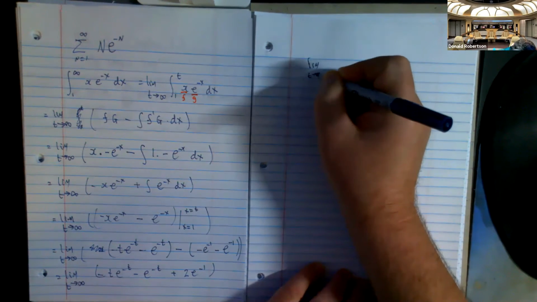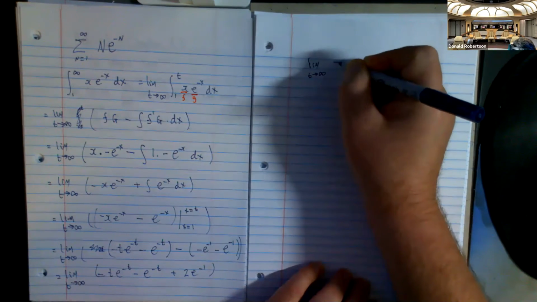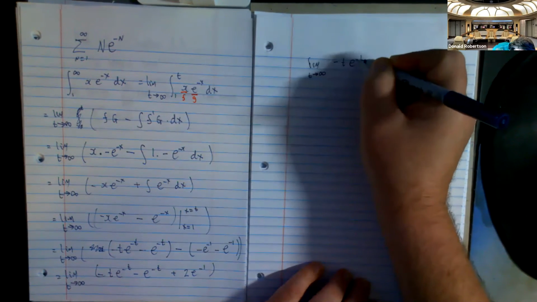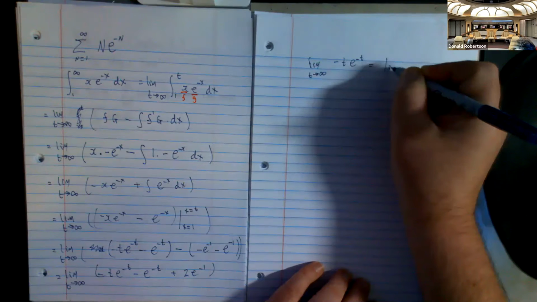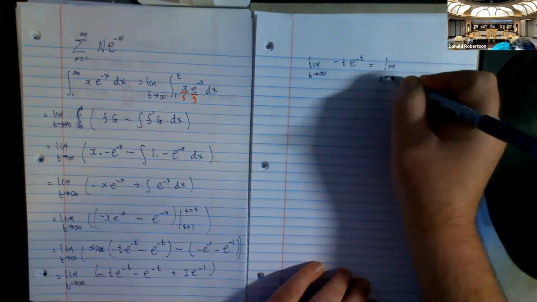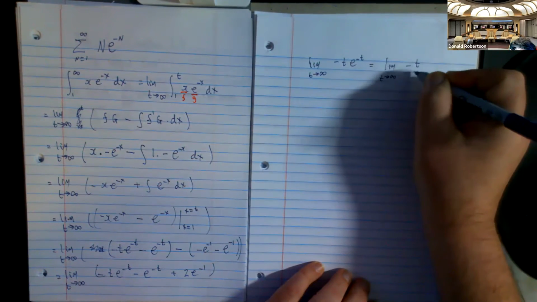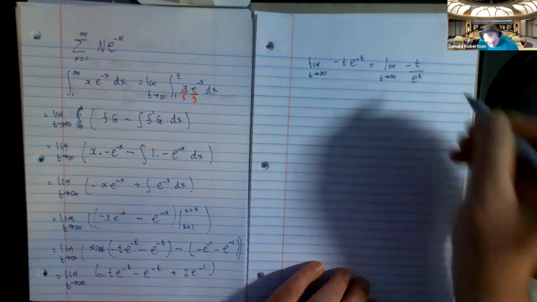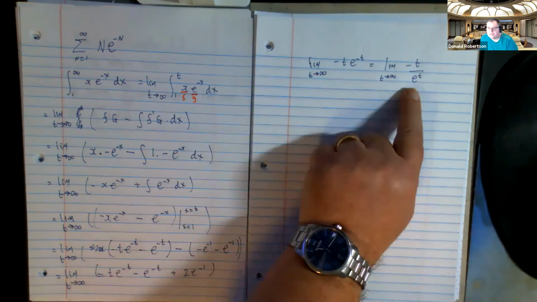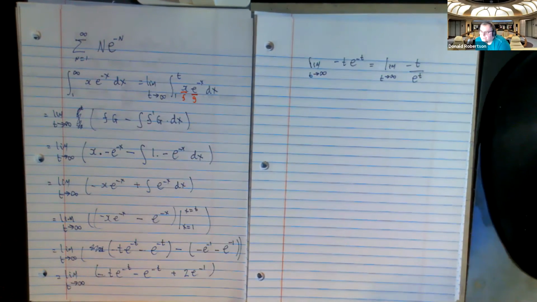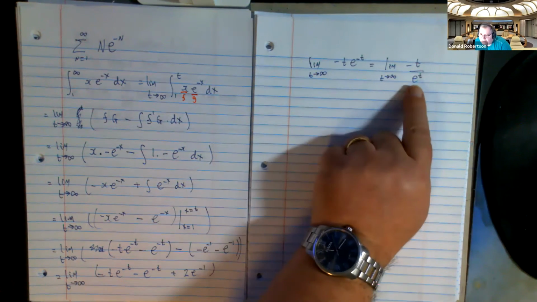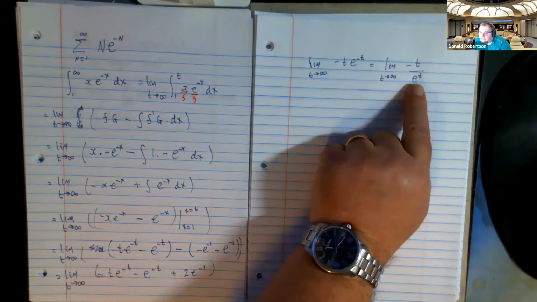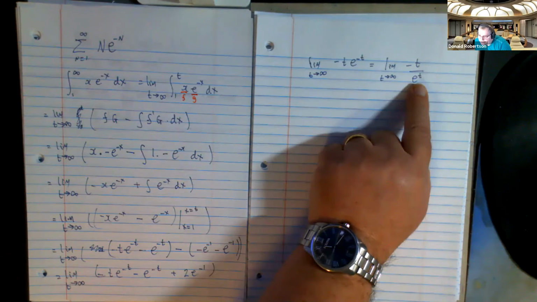So the limit as t tends to infinity of this guy. And the first thing I'm going to do might not seem obvious, but it is going to be helpful. Isn't that the same thing as this? Agreed? Now, the reason I want to write it like this is for this rather awkward situation, brute force isn't going to work.